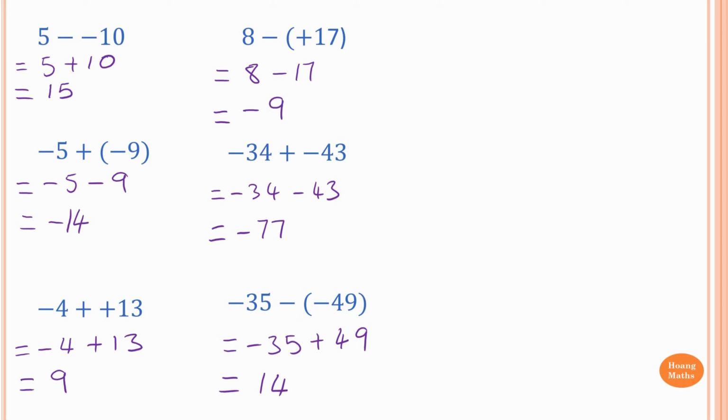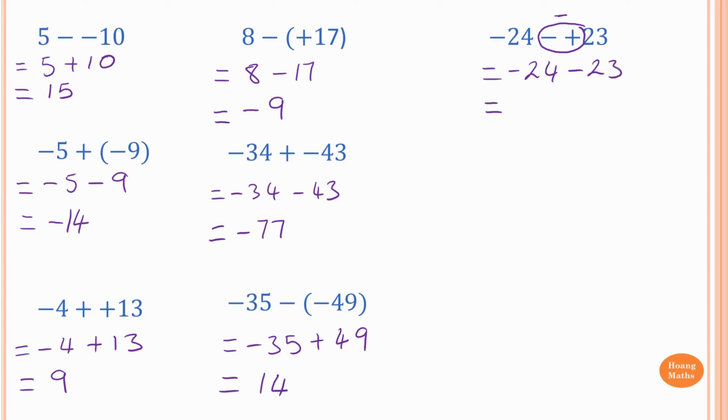Negative 24 plus minus 23. First of all, we clear this one first: a negative and a positive, we have a negative instead. So now this is equal to negative 24 minus 23.